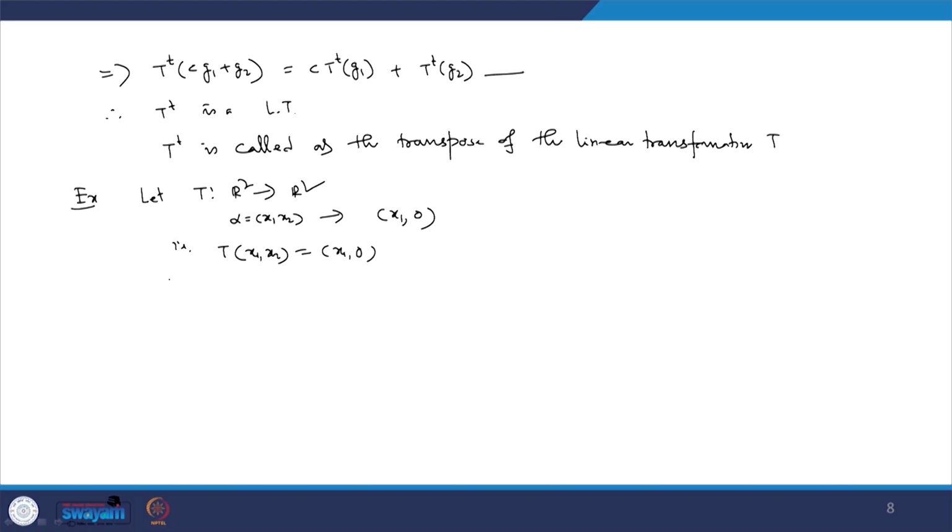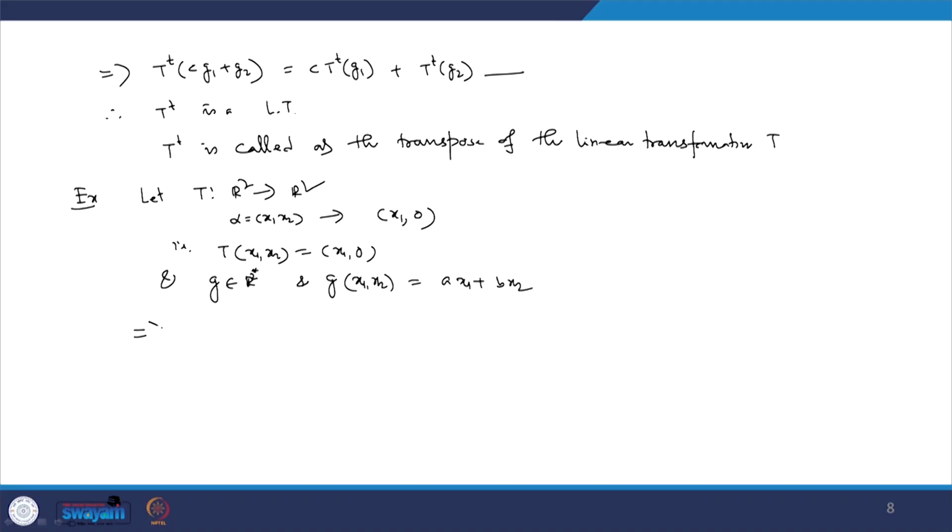And let g be a linear functional belonging to R2 star, defined by g of x1 x2 equal to a x1 plus b x2.